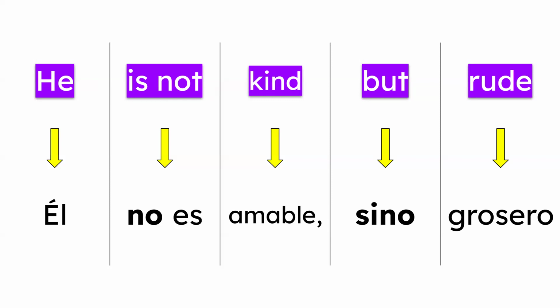Of course, there are other ways to say this. You can say he's not kind, he's rude. And it works in Spanish too. Él no es amable, él es grosero. That's right, but this is another way to communicate the same idea, right?